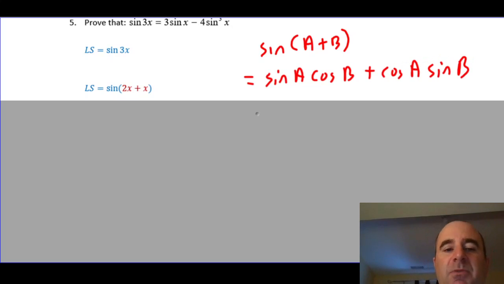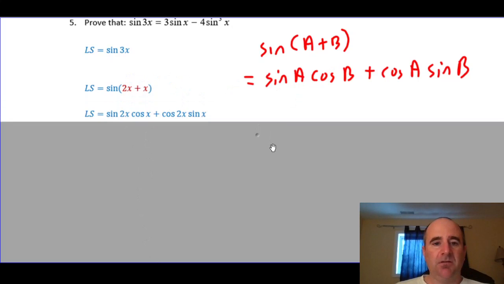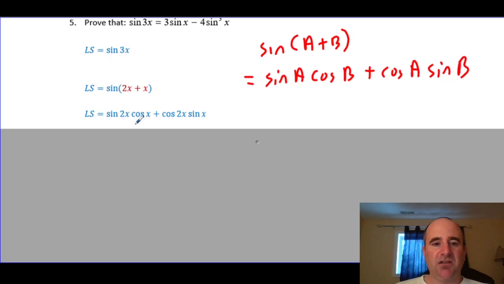Now in this example, our a is going to be 2x and our b will be x. So we apply that formula, and we get sine 2x cos x, plus cos 2x sine x.